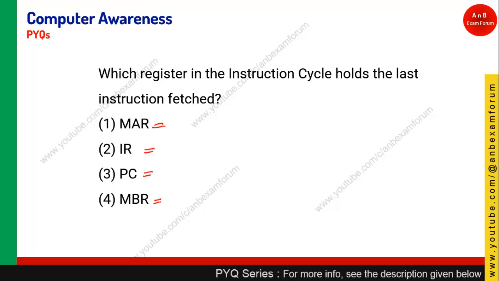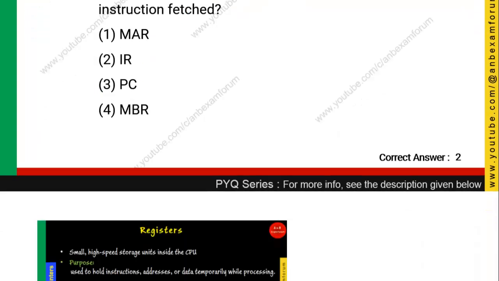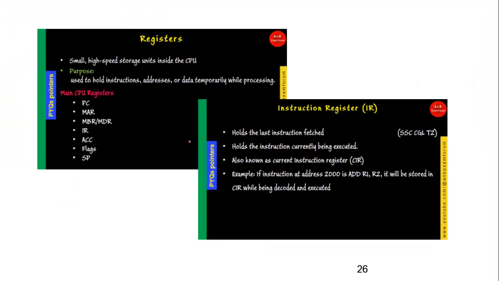The memory buffer register is used to hold the values or data or instruction temporarily. So the answer is option 2, the instruction register, which holds the instruction being executed by the processor after the fetching phase, obviously.